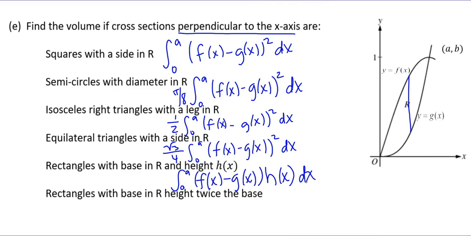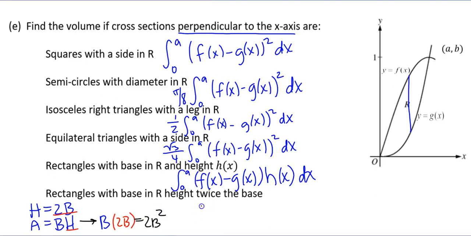Another scenario you might have, rectangle still, base is still in R, but height is twice the base, right? So then you want to make a substitution for area, because area is base times height, right? I can substitute in 2b for h, which gives me base times 2 base, which is equal to 2 base squared.